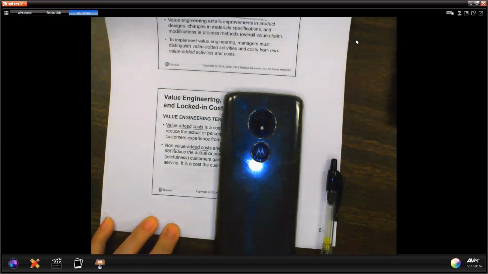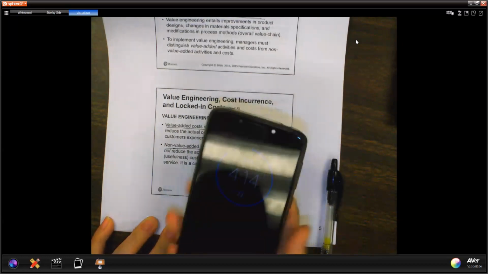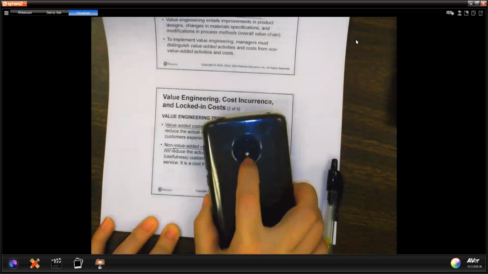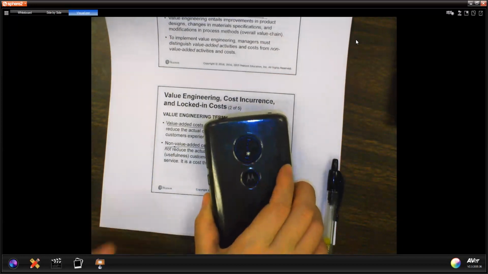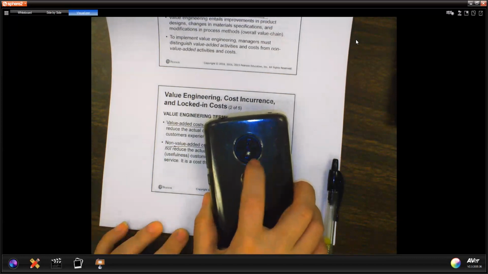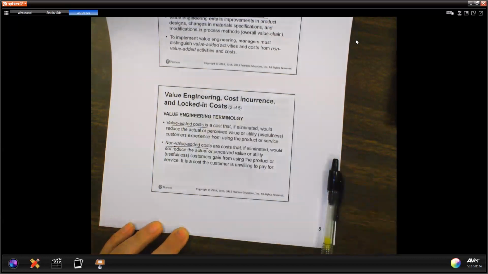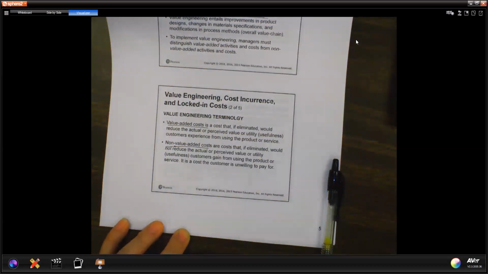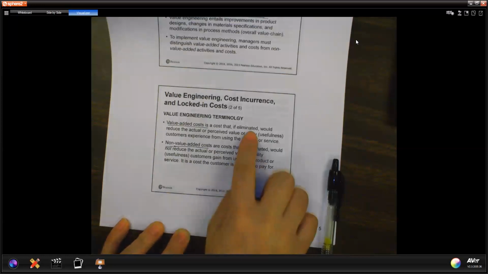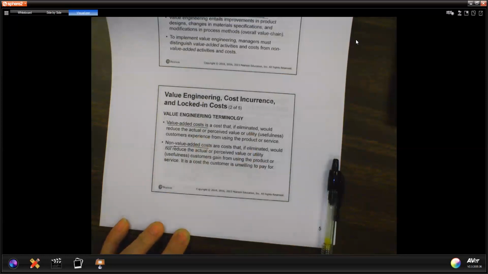What I could do is use worse material, or a worse camera. Yeah, that can decrease the cost, but that will also hurt the usefulness of your phone. You use a low quality camera, customers will be unhappy. So that's value added. The material, the labor, good quality, those are value added, because if you decrease them, you will hurt the usefulness of your product.